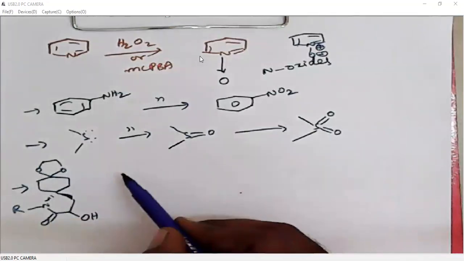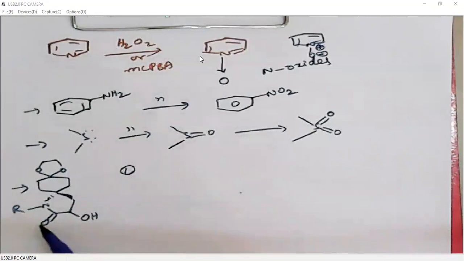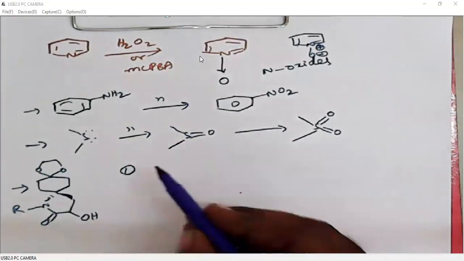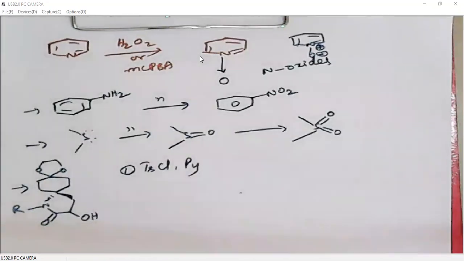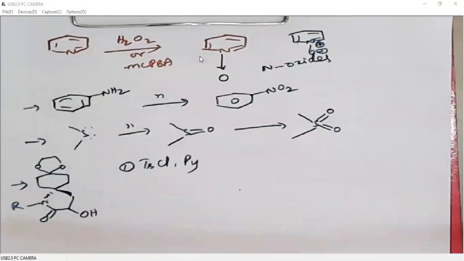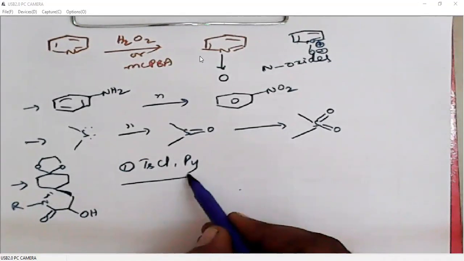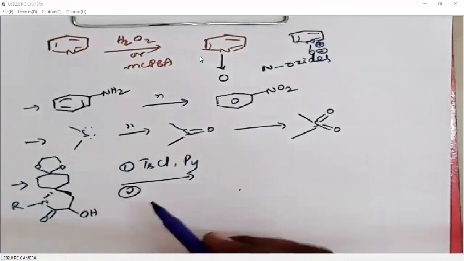There is an alpha-hydroxy alcohol. When we treat this alcohol with tosyl chloride and pyridine, what is tosyl chloride? Paratoluenesulfonyl chloride. So the alcohol will be protected as O-tosyl.